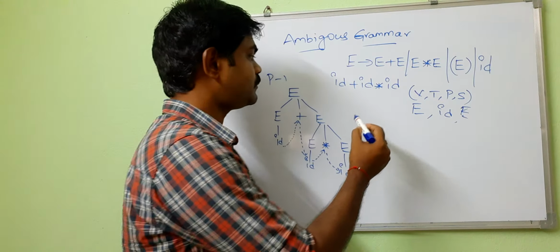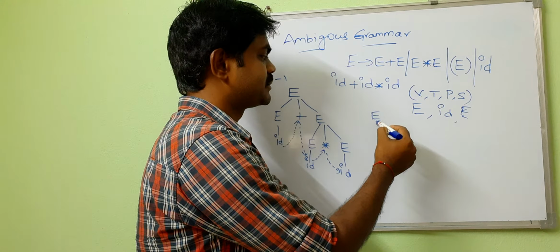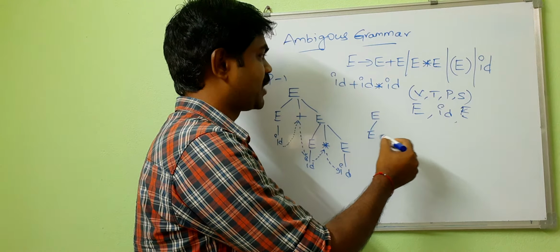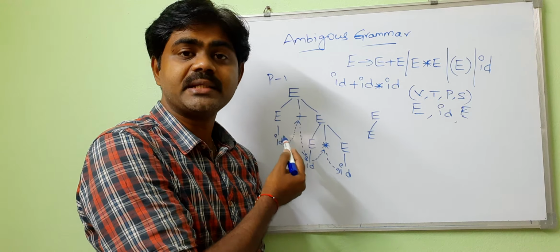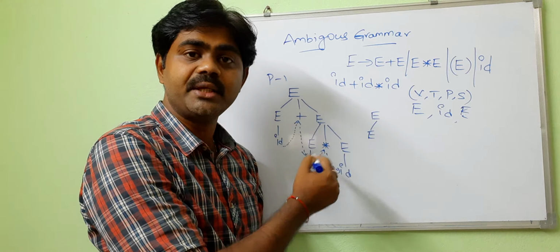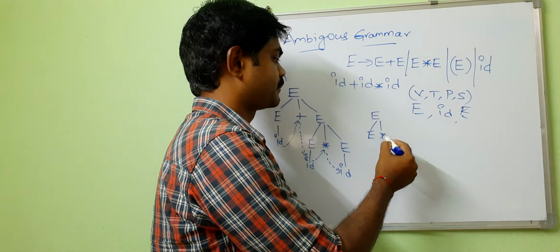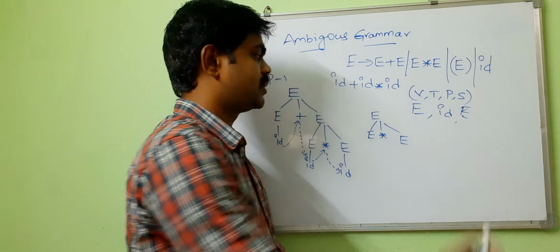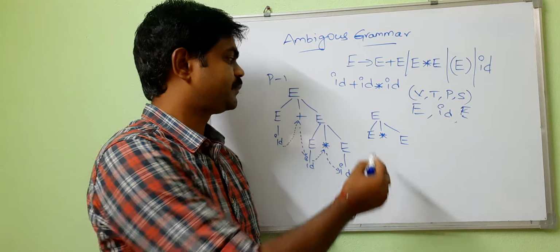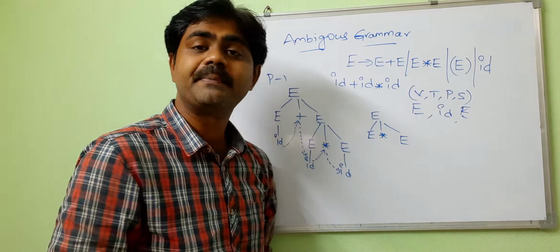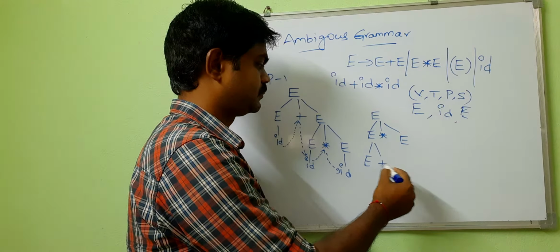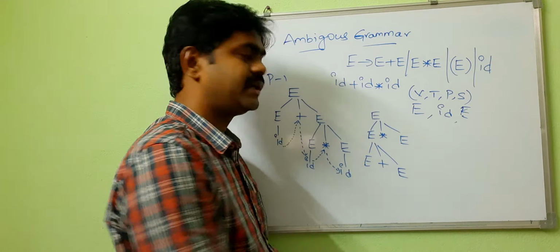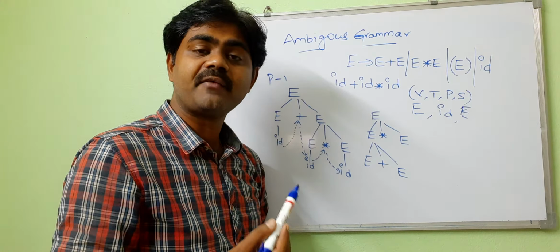So we'll start with E again. Now I will start with E into E. In the first parse tree I took E tends to E plus E; here I will take E into E. Now in the place of E I will take E plus E. As we know that we have E tends to ID, right?